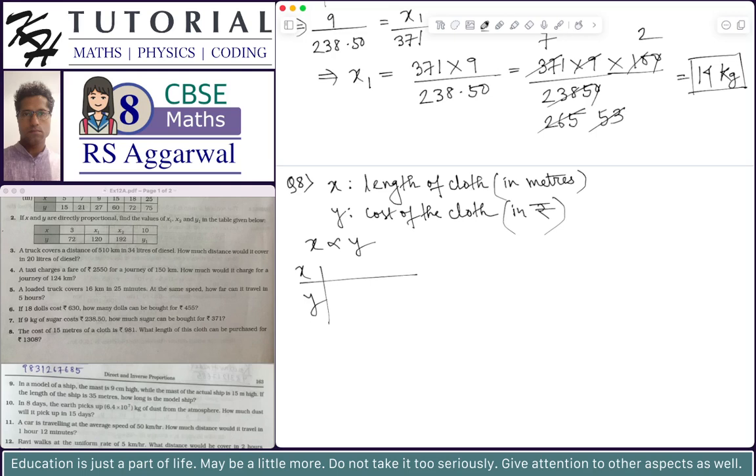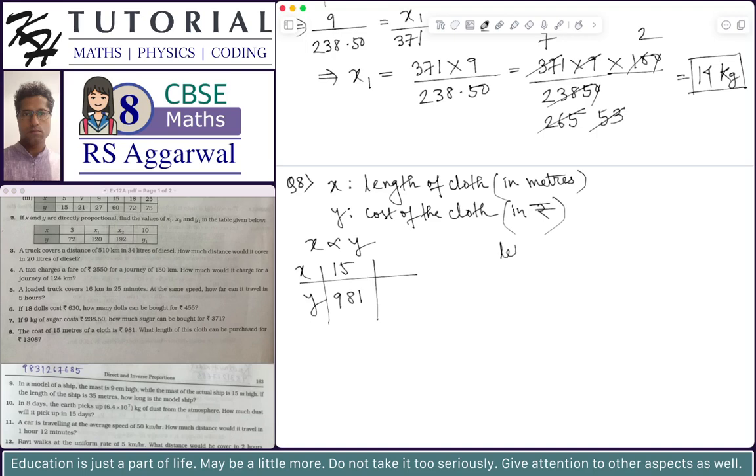Now it is given that the cost of 15 meters of a cloth is rupees 981. So we have the corresponding values for the first data: 15 and 981. Now it is asking what length of this cloth can be purchased for rupees 1308.